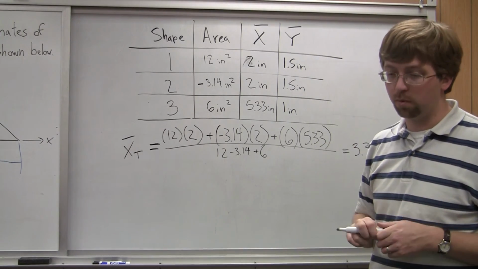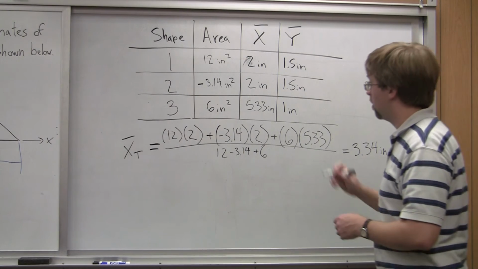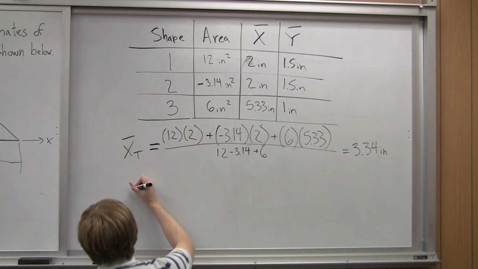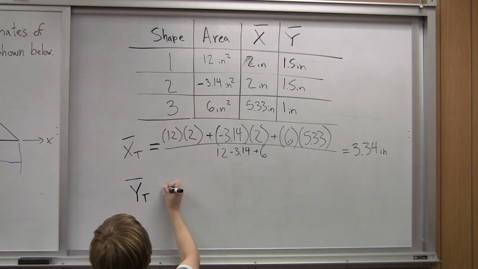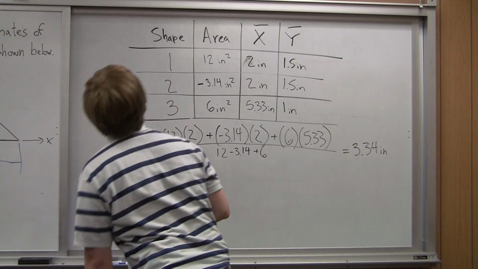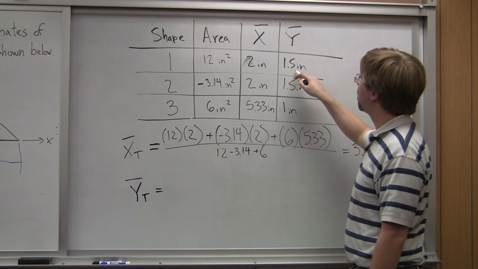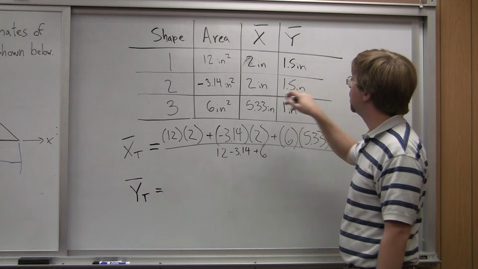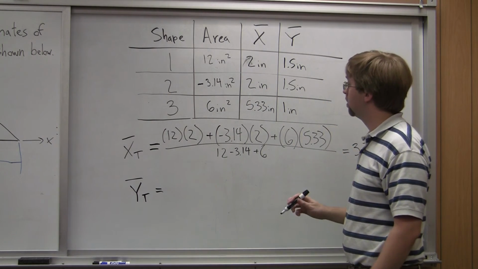Alright, next we want to go ahead and do the y values. So y bar t, the y-coordinate, is going to be area 1 times y bar 1 plus area 2 times y bar 2 plus area 3 times y bar 3.